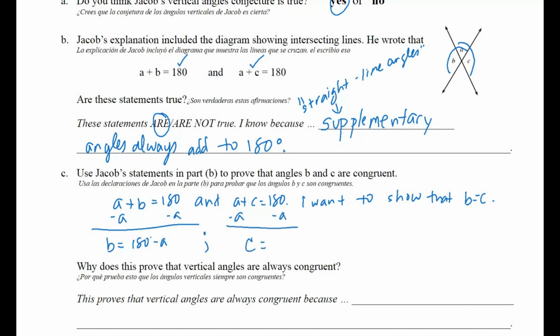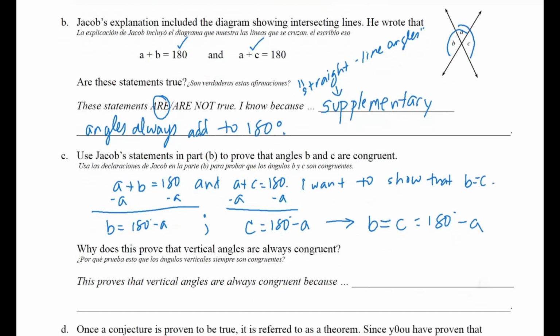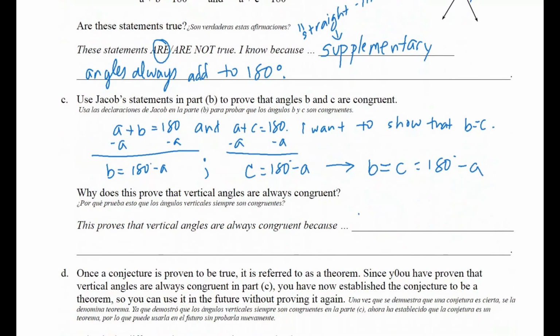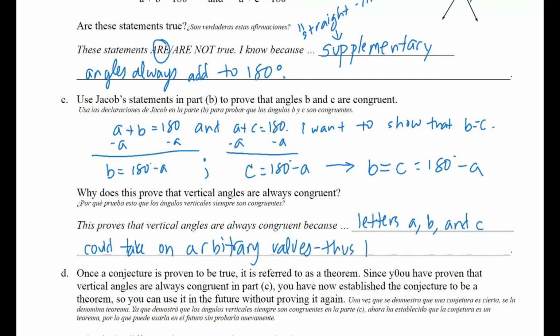And I get C is equal to 180 degrees minus A. Therefore, B and C are both equal to 180 degrees minus A. Now this proves that all vertical angles are congruent, and that's because letters A, B, and C could take on arbitrary values. Thus, I have proven every case.